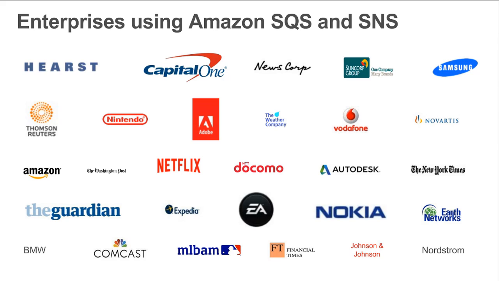And we also have typically enterprise companies like Capital One on the board, moving into the cloud. They change their applications to stop using the on-premise messaging solutions and just move on into SQS and SNS to both lower their costs and improve the availability and scalability of their software.